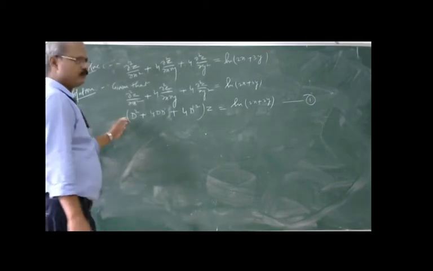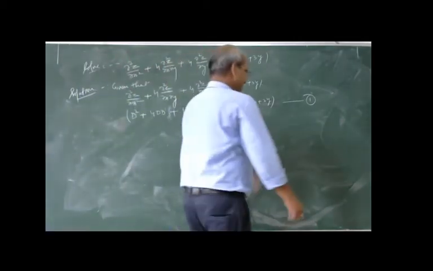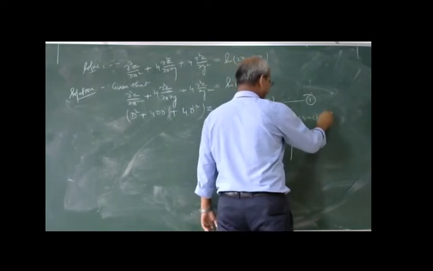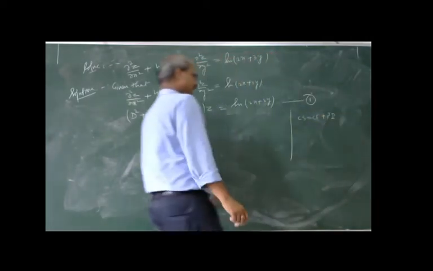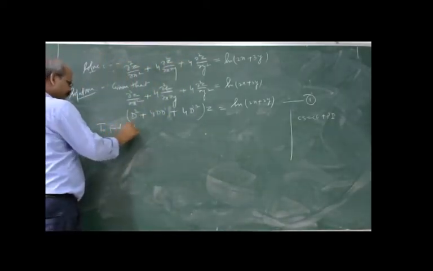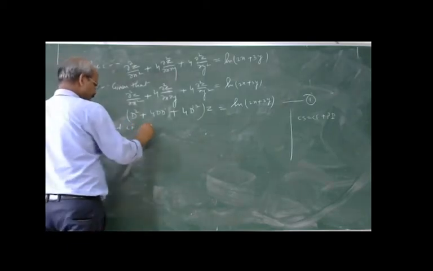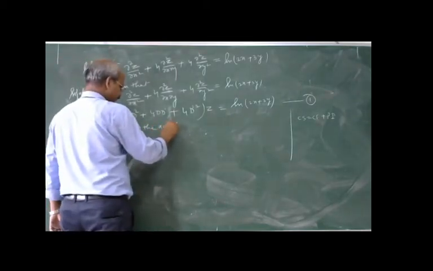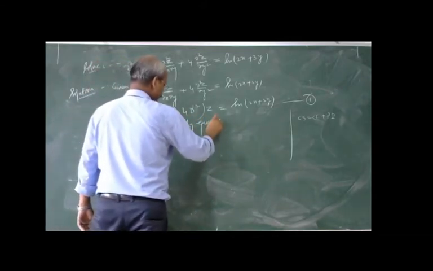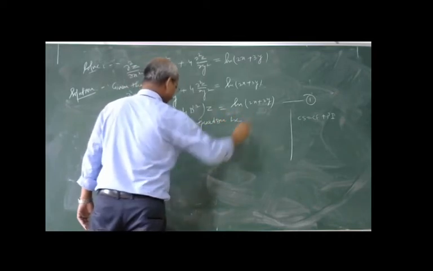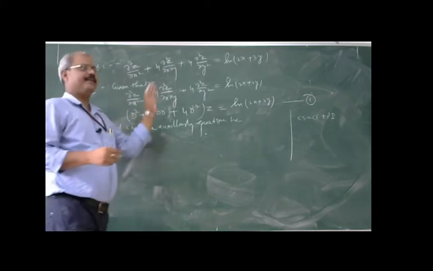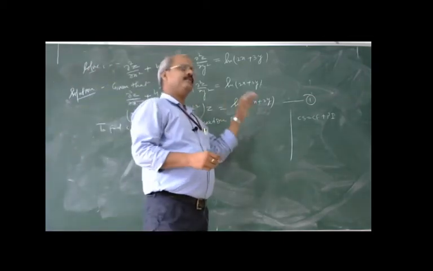To find its solution, as you have seen in the previous lecture, the complete solution is CF plus PI. So to find the CF of equation 1, the auxiliary equation can be obtained by replacing D by m and D' by 1.